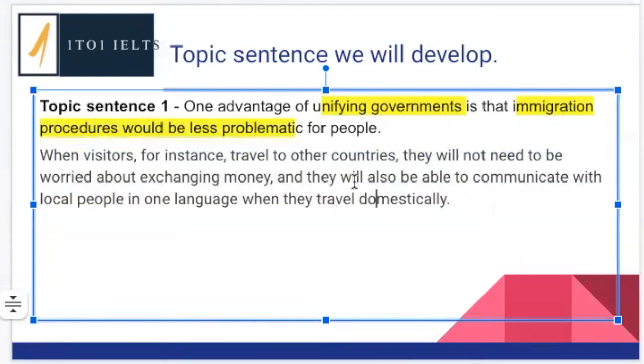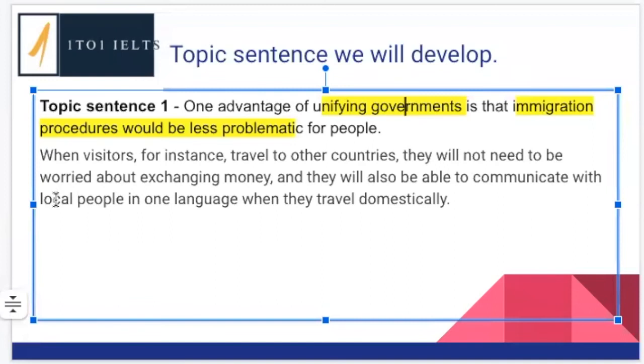Also, if we look at this, if you unify government, does it mean that the money is going to be the same? If you unify a government, does it mean the language is going to be the same? So we could take, for example, the European Union.